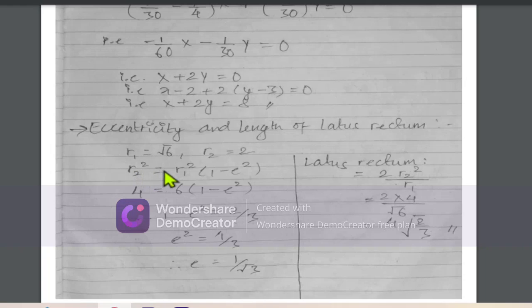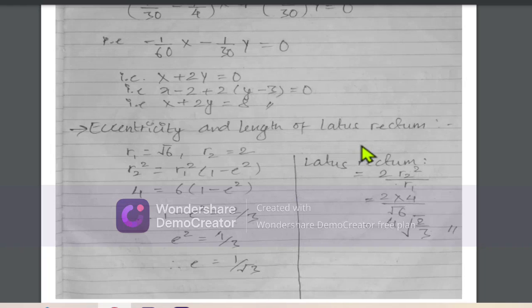By putting the values of r1 and r2, we come to this step: 1 minus e square equals 2 by 3, that is e square equals 1 by 3, and we come to the conclusion that e equals 1 by root 3.